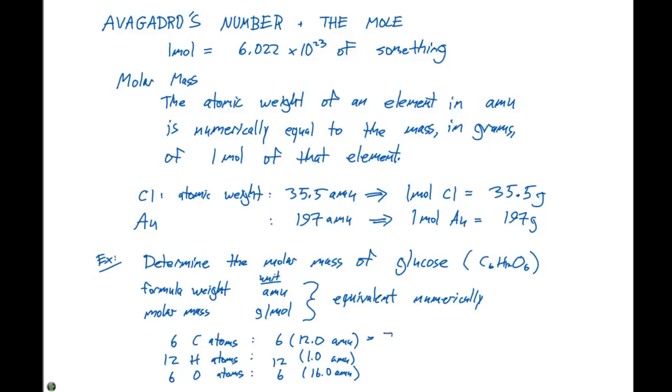If we multiply 6 times 12, we get 72.0 AMU. 12 times 1 is 12.0 AMU. And 6 times 16 is 96.0 atomic mass units. Adding all of these together, we get 180.0 AMU. So this will be the formula weight for 1 molecule of glucose.